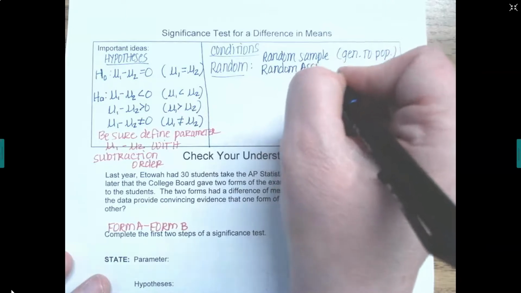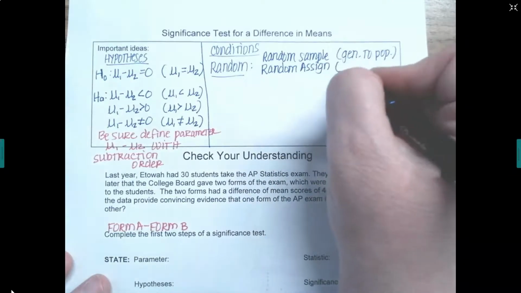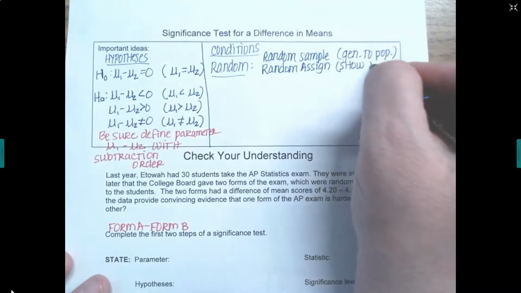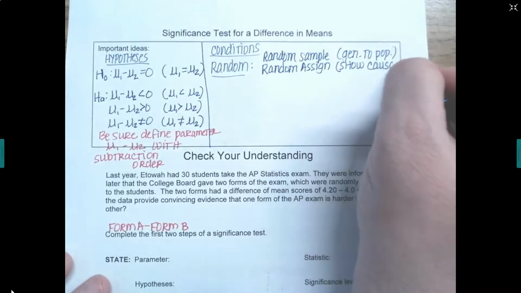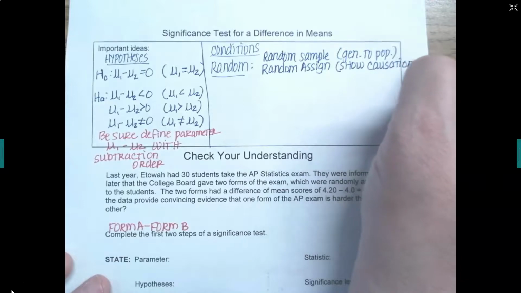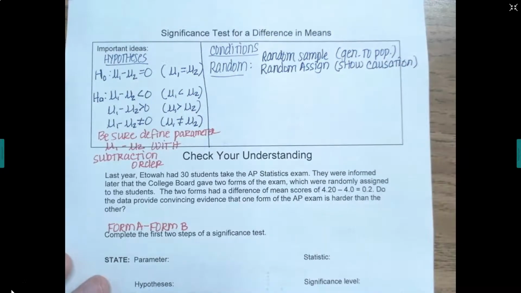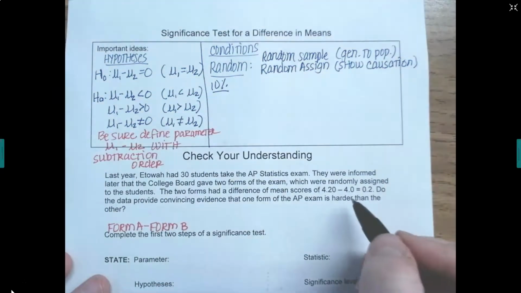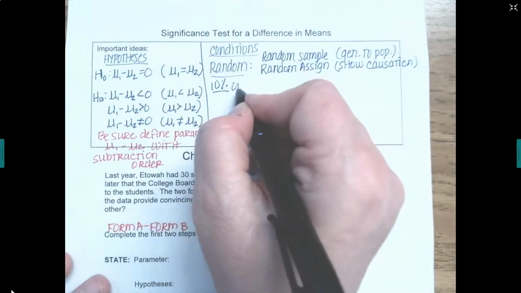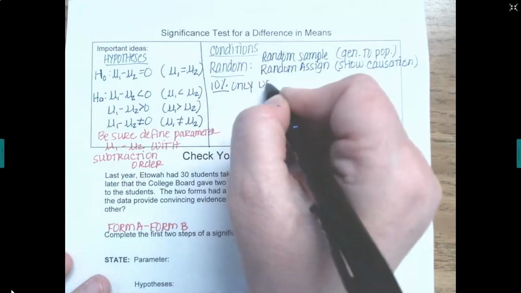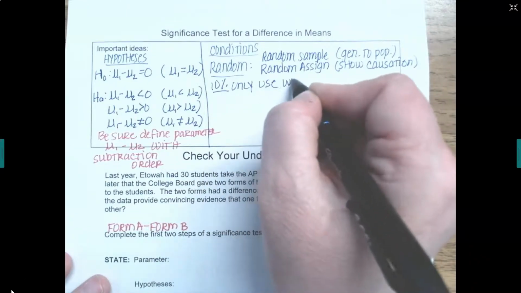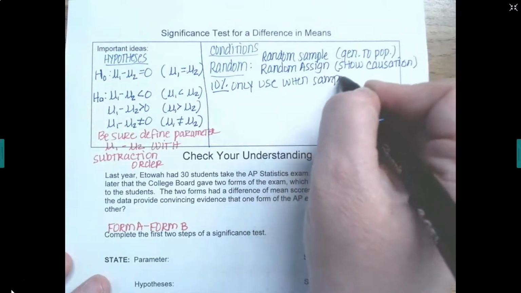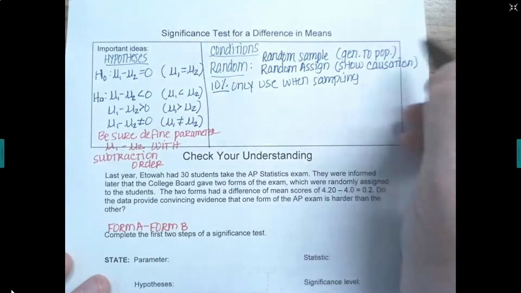If you have a random assignment, that means you're looking to show causation. All right, our 10%. Only use it when sampling without replacement. That's so we can use our standard deviation.